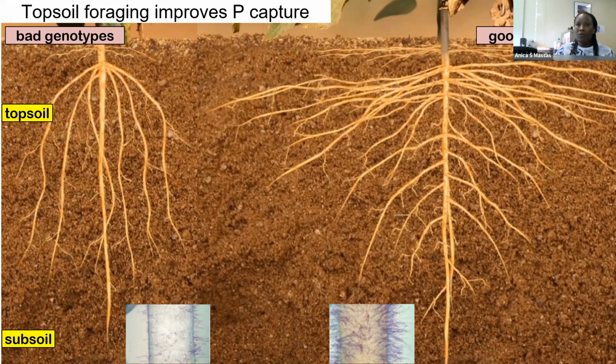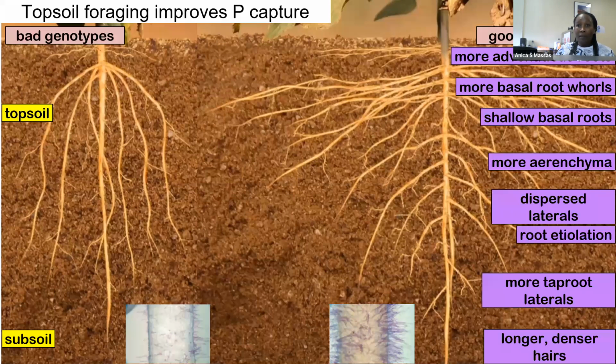While on the right side, we have a good genotype that has a lot of basal roots, a lot of adventitious roots, and a long tap root. And you find that it has long and dense root hairs.